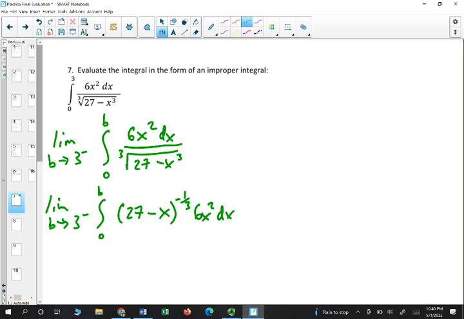So we could try integrating with u substitution here. Our u would be 27 minus x to the 3rd. Our du would be, if we take the derivative, negative 3x squared dx. So we have a 6x squared dx, so this is good. We can multiply by -2 both sides.